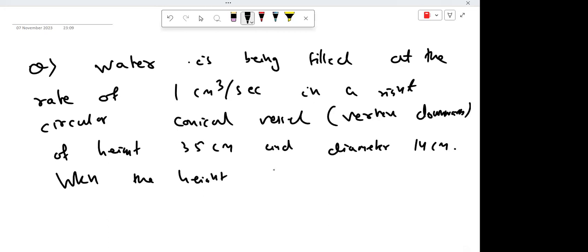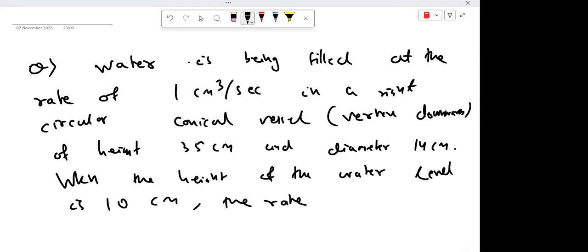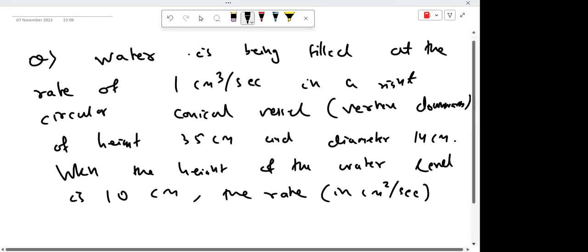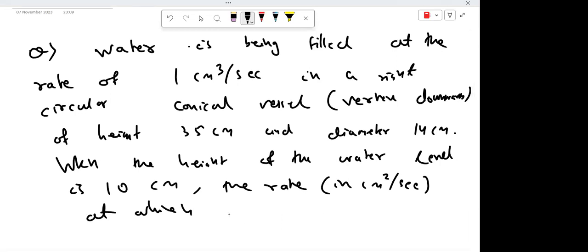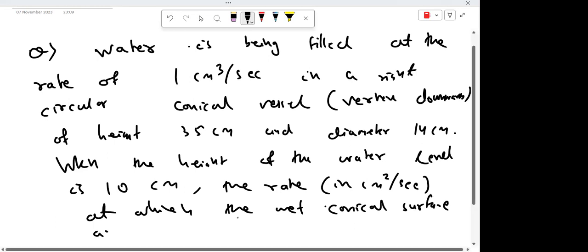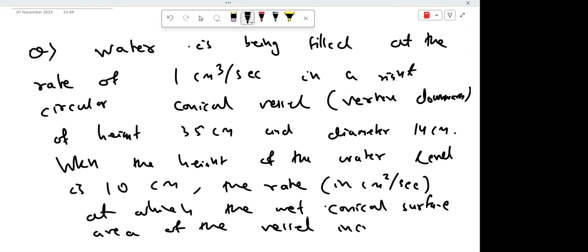When the height of the water level is 10 centimeter, the rate in centimeter square per second at which the wet conical surface area of the vessel increases is dash.